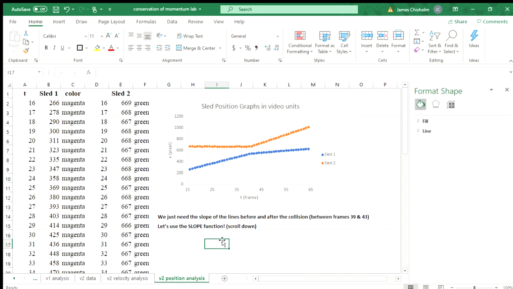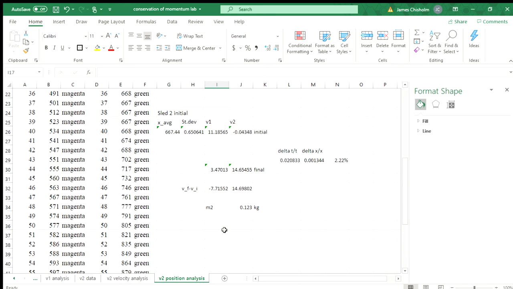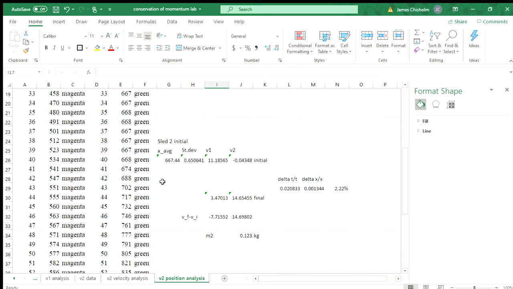Excel has a built-in function that lets us do that. So I'm going to slide down here. Our collision lasted from frame 34 to 44. To compute the slope, all I have to do is select my Y data, so B2 to B25, that is going to be this chunk of data here, and A2 to A25.